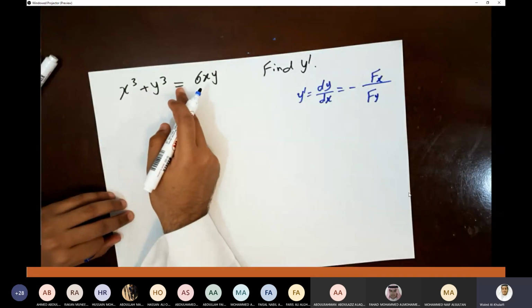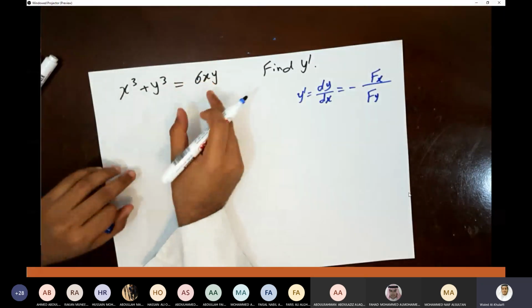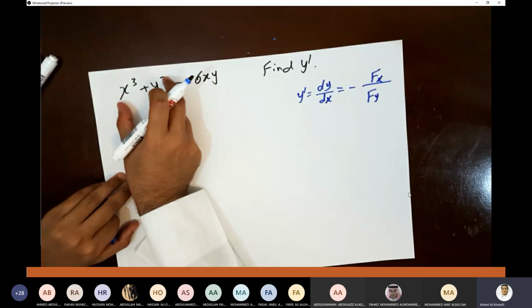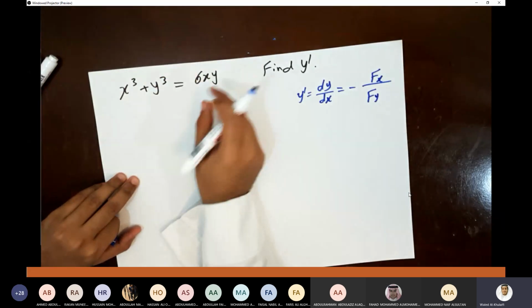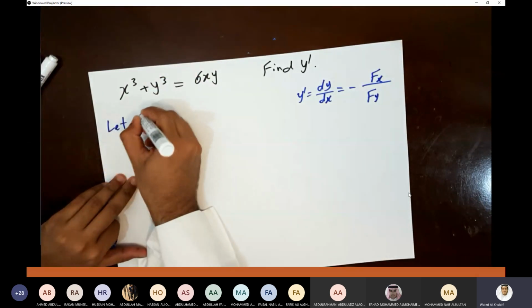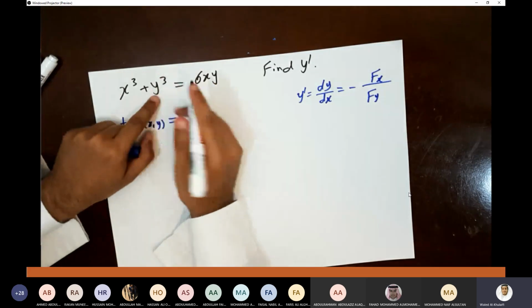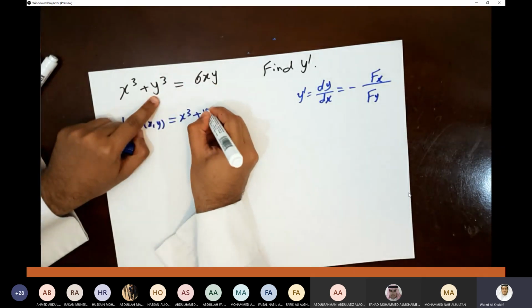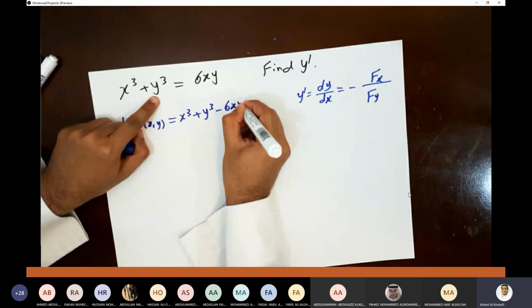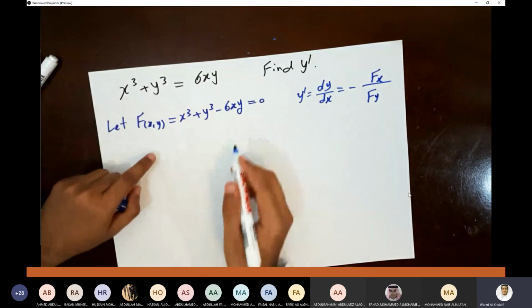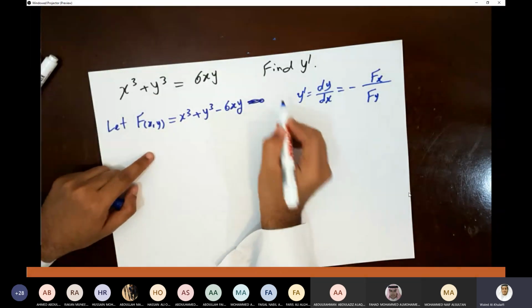Make sure to rewrite the equation to be equal to 0. So either move this term to the left side or move this term to the right-hand side. So here we say let f of x and y equal, for example, let's move this term to the left side. So we have this minus 6xy, and this is equal to 0. Let's assume this is the function f.